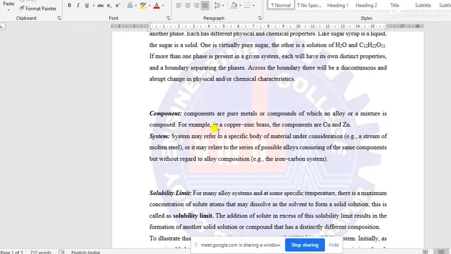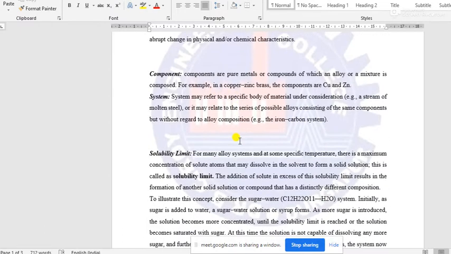Components are two or more compounds or materials, like as an example you may take brass, in which the components are copper and zinc. And previously I discussed system. System is one specific part or portion of any object or material, that may be of an alloy system, or of some specific metal system also. And that is called a system.